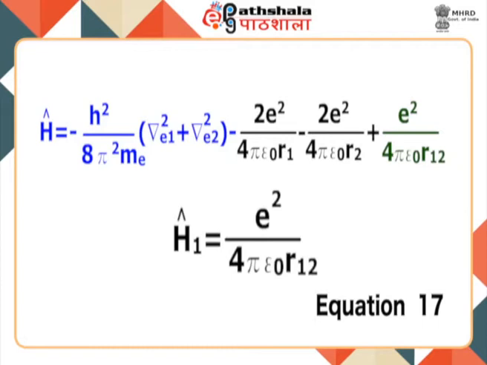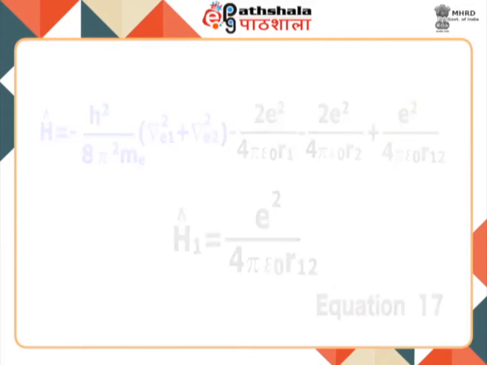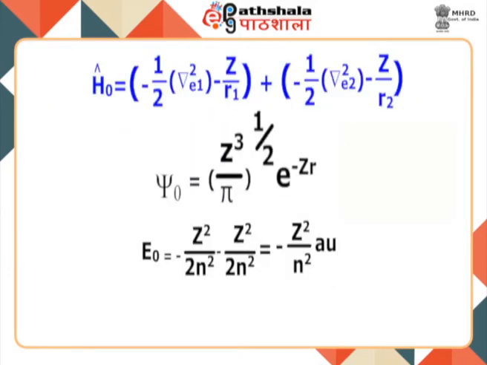If we use the corresponding atomic units about which we talked earlier, this Hamiltonian becomes much simpler, and even the ground state wave function of the unperturbed system also becomes very simple, and these are given in equations 18, 19 and 20.